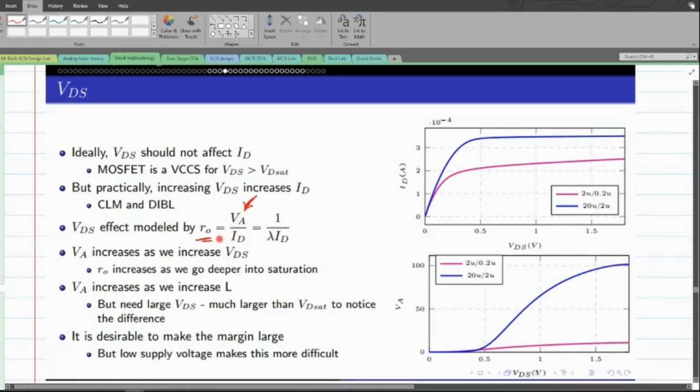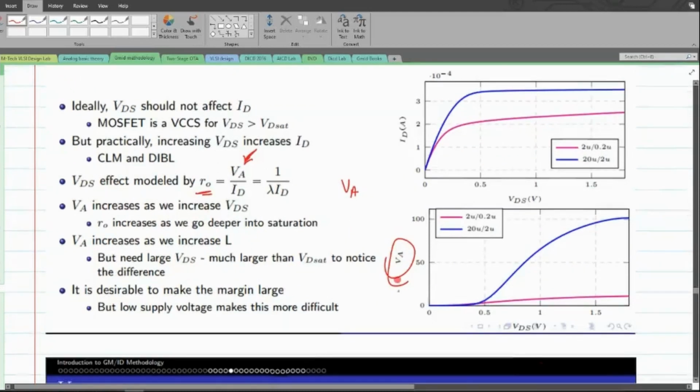Here I have plotted the value of VA. In the previous slide I said you can assume VA to be a constant, but here I have plotted VA with respect to VDS, not VGS. Clearly the value of VA varies with respect to VDS, and this variation becomes more serious when you work with a longer channel.